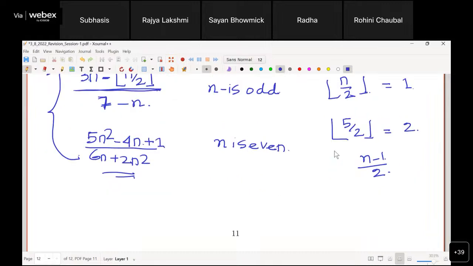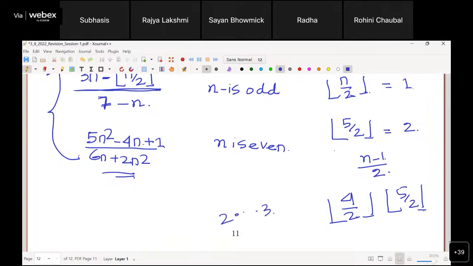Because if you take, let's say, 4 by 2, the greatest integer of 4 by 2 is the same as the greatest integer of 5 by 2, right? Because if you divide 5 by 2, you will land between 2 and 3.